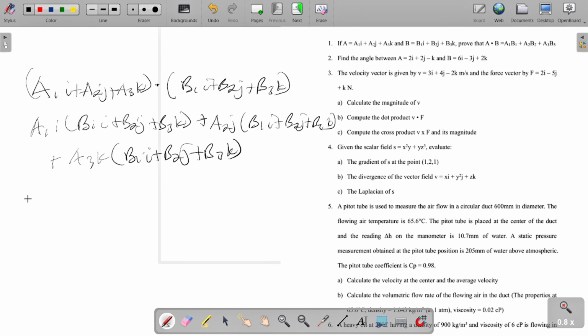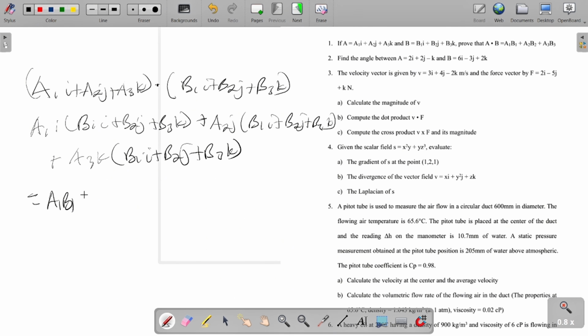So over here, what you'll be having is that a1 i times b1 i gives us a1 b1, and we know that i dot i is 1, right? i dot i is 1, j dot j is 1, then k dot k is 1, right?